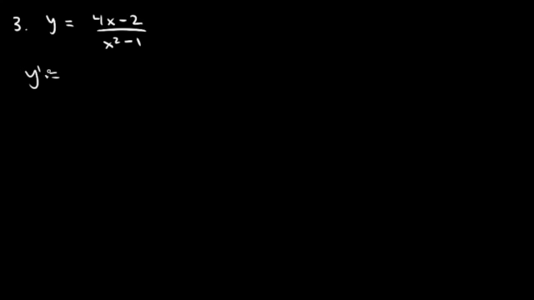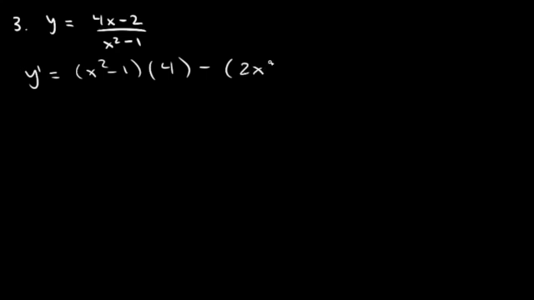So if we want to find the derivative, which is y prime, I like to just do derivative of top times the basic of bottom, but if we're going by how I wrote in the formula before, we do the basic x squared minus 1 times 4, because that's the derivative of 4x minus 2, minus the derivative of the bottom, which is 2x.